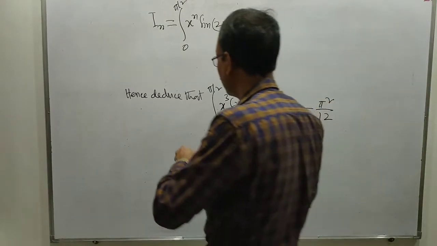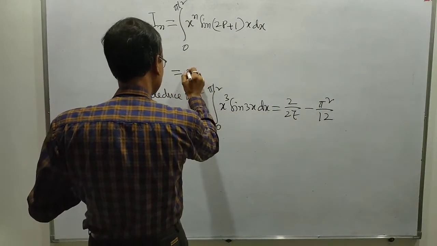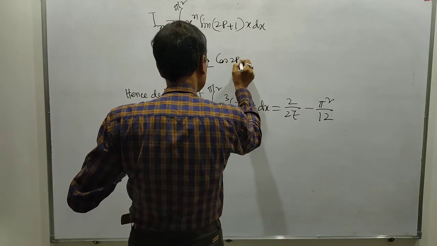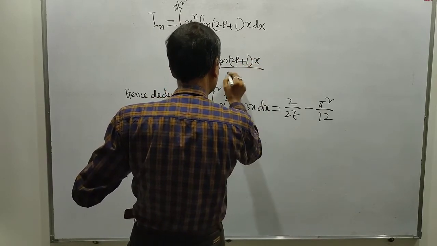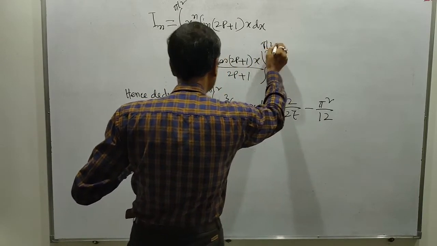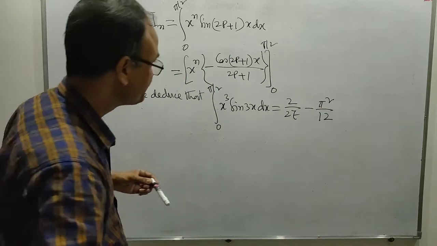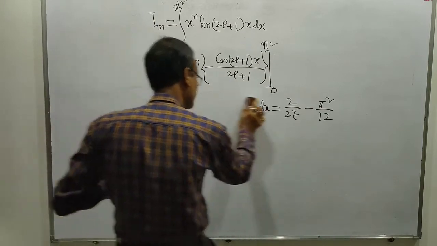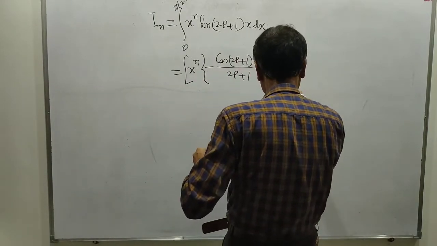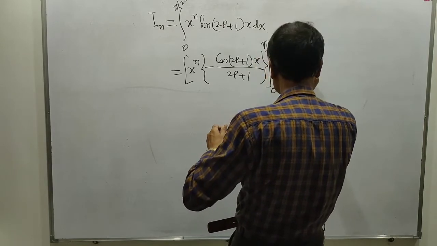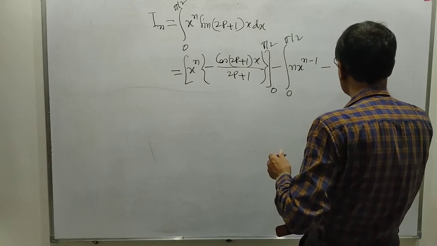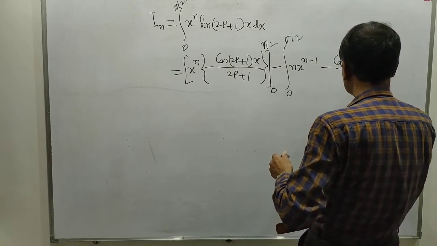This should be equal to x to the power n times minus cos((2p plus 1)x) divided by (2p plus 1), from 0 to π/2, minus integration 0 to π/2 n x to the power n minus 1, integrate this by parts, (2p plus 1).